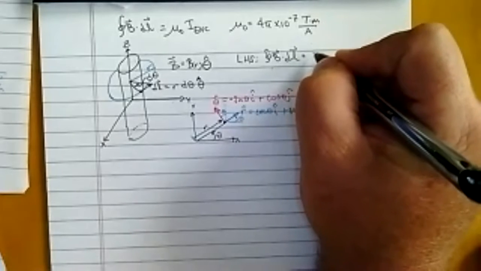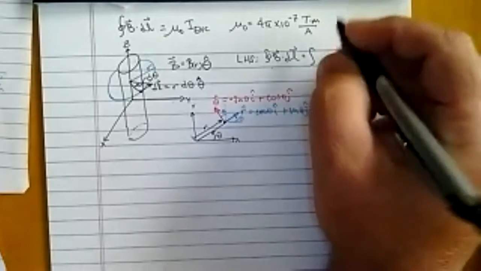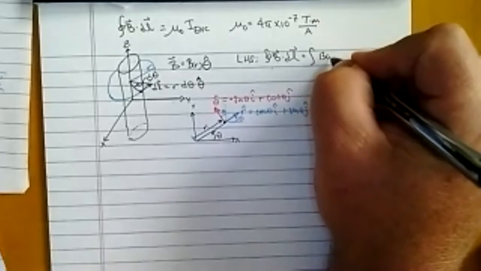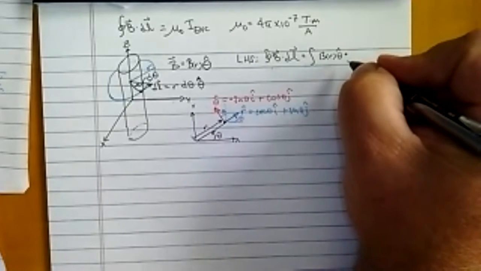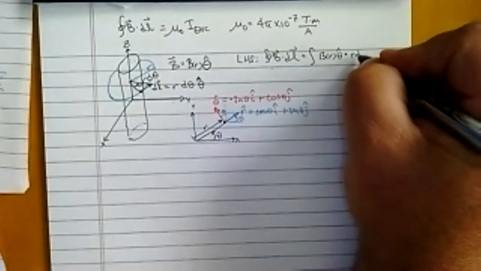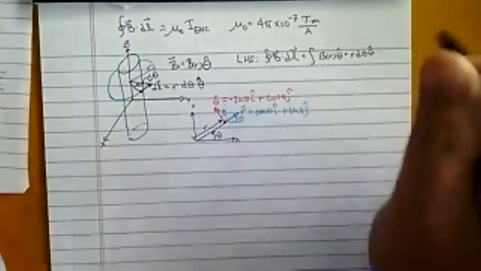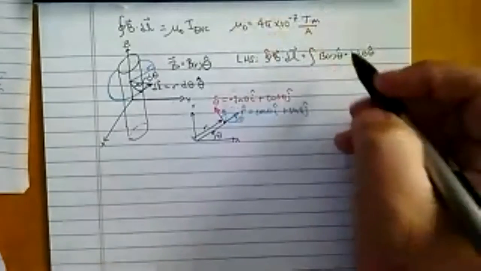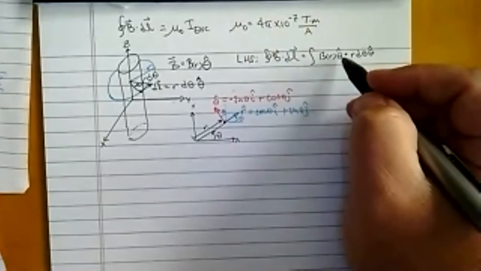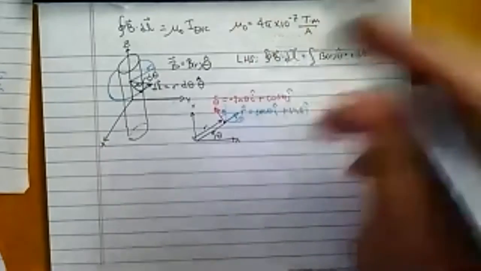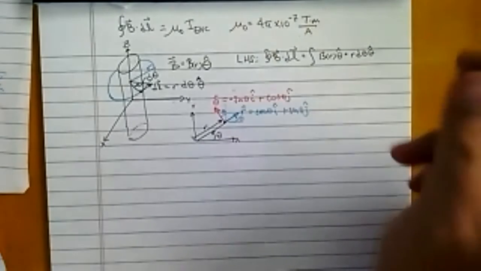But what you realize is it just turns out to be an integral of B of r theta hat dotted with r d theta theta hat. Again, the dot product is a linear operator, so I can take the magnitudes B of r and r d theta and pull them out in front and just let the theta hat dot theta hat happen on its own to figure out what the dot product is.